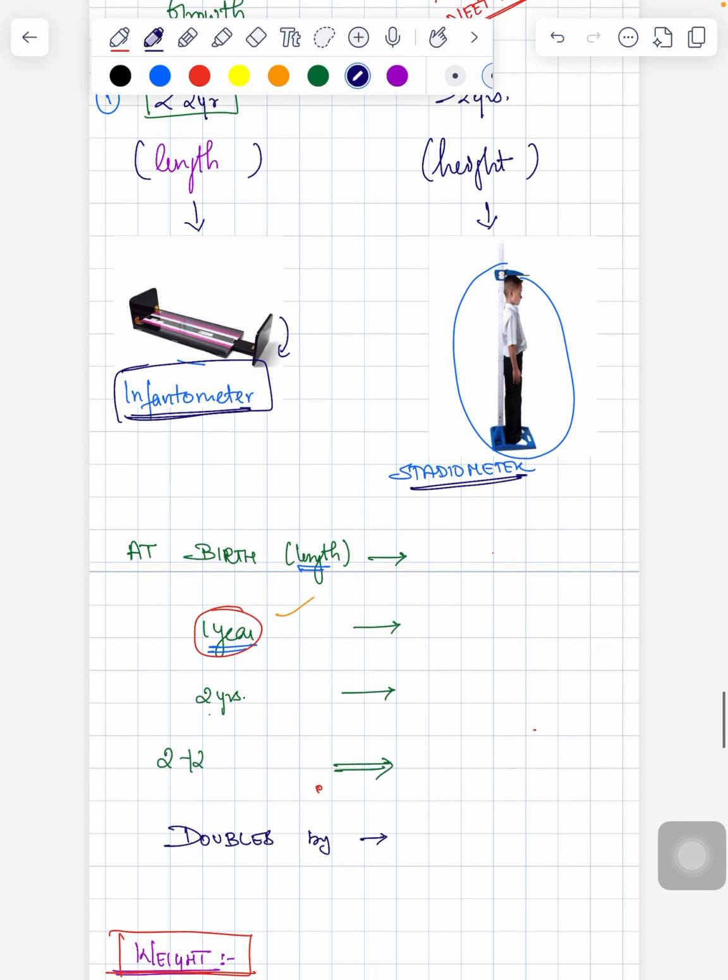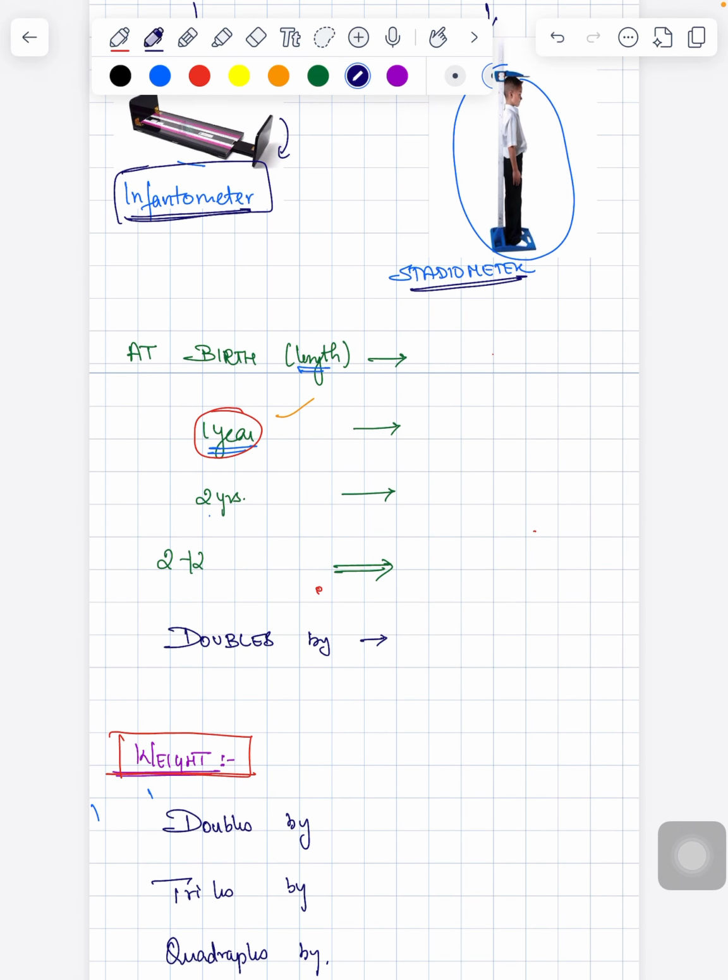So the average length of the child at birth is 50 centimeter. At 1 year, it will be around 75 centimeter, so there is an increase of around 25 centimeter. And at 2 years, the average height of the child will be 87.5 centimeter, so there is an increase of around 12.5 centimeter.